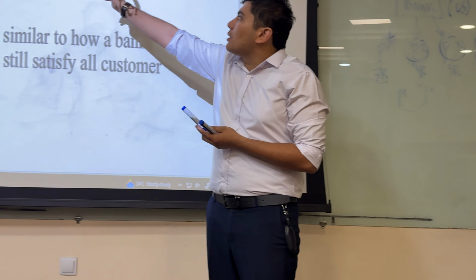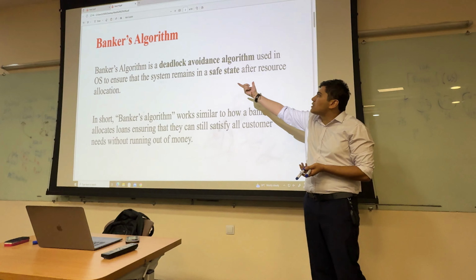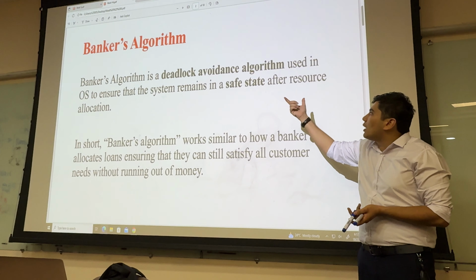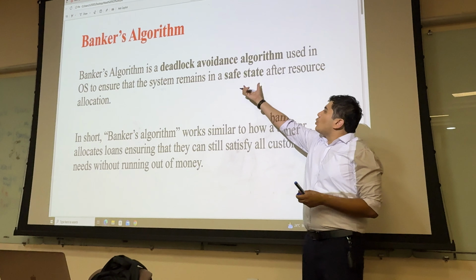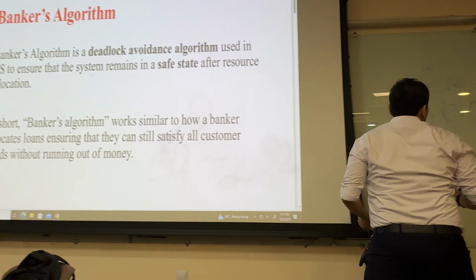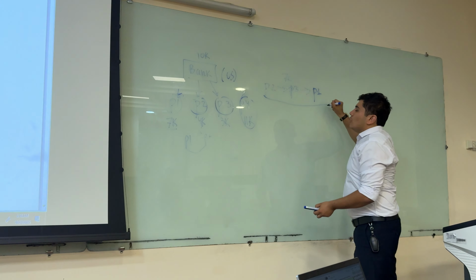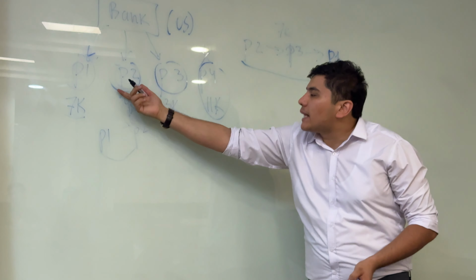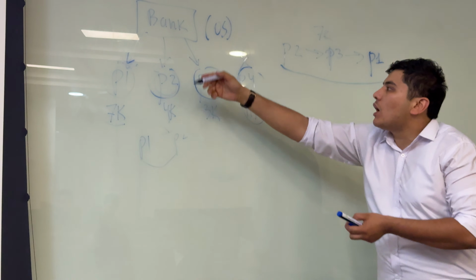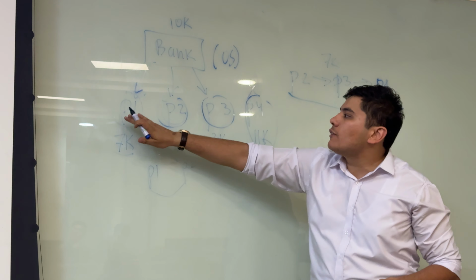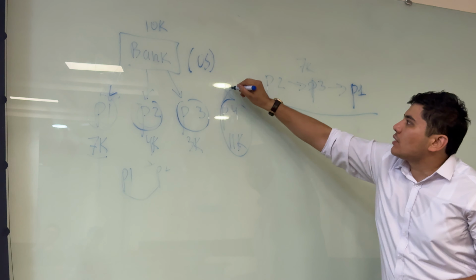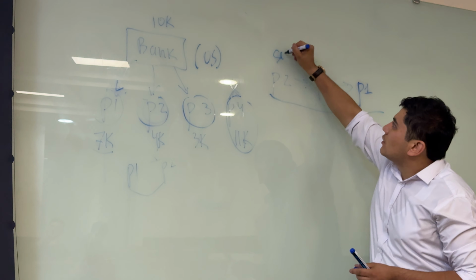We need this to avoid the deadlock, and then we need to have some kind of safe state. So this is going to be our safe state, all right? First allocating the money to the second person, and then the third person, and once they return the money back, we give the money to the first person, and then we reject this one. So this is our safe state.